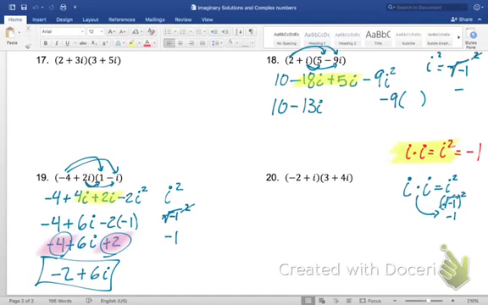This and this go away, and I have left negative 1. So this right here is the same thing as negative 1. Negative 9 times negative 1 is positive 9, so I'm going to make this a positive 9. Now I can combine this and this, and I am left with 19 minus 13i. This is my final answer.